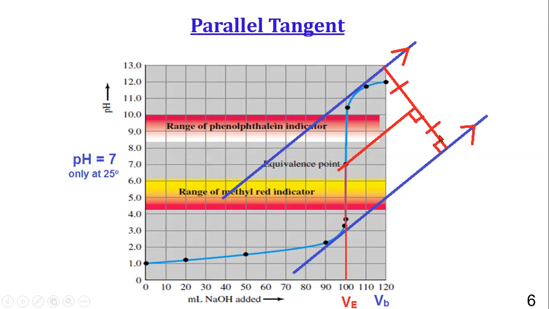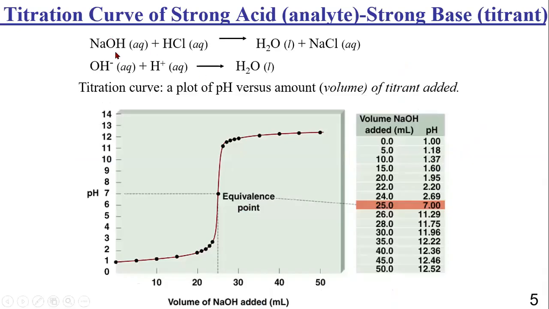Then you do another parallel, and that would give you the extrapolated equivalence point pH value, as well as the volume at equivalence. Nonetheless, for a strong acid with a strong base titration, the pH at the equivalence point is always equal to 7.